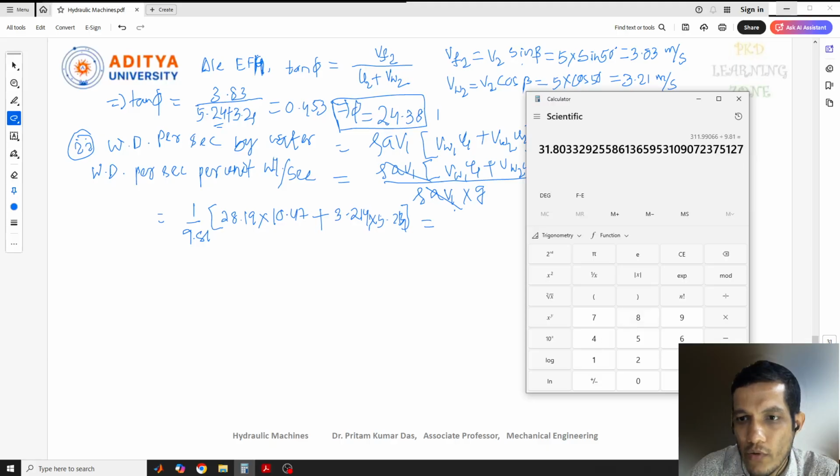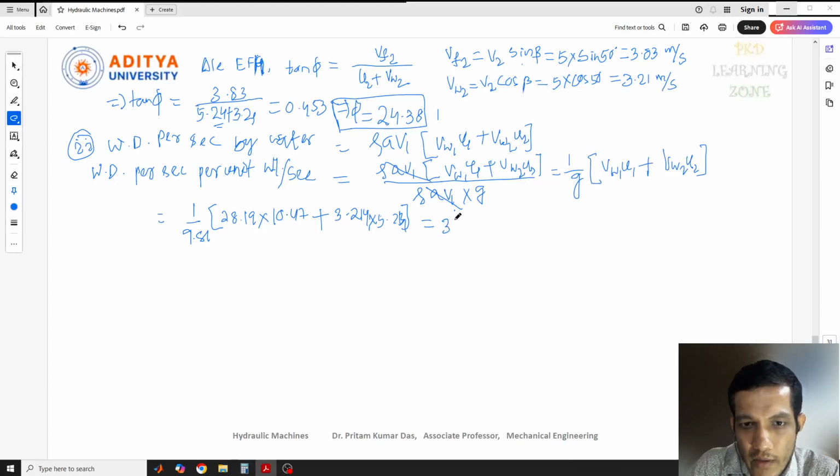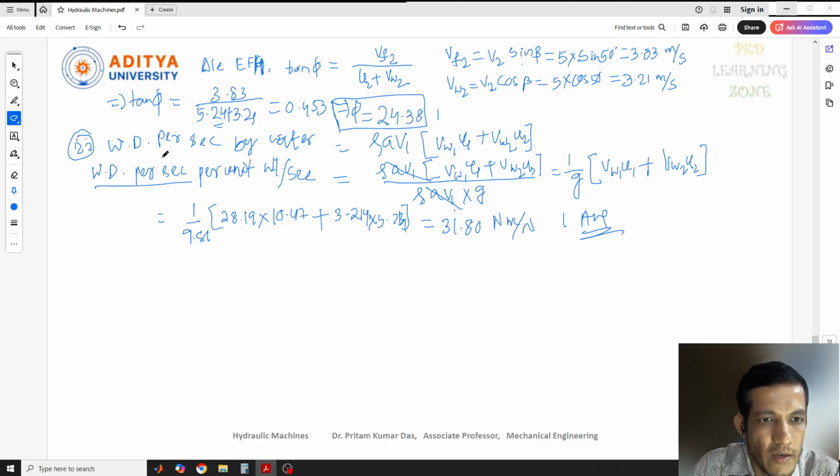Directly will do 31.80. So this one we got here 31.80. So 80 only we can write. This is Newton per Newton. So this is one answer for the work done per unit weight striking per second.